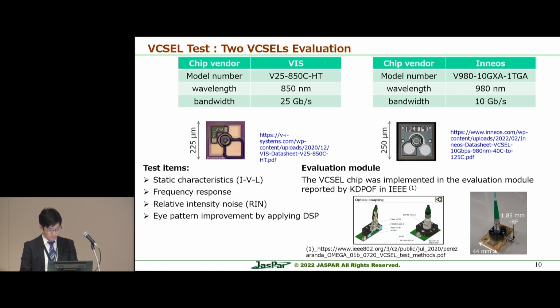As a result, we found that VCSELs with these specifications are available from VIS and ENEOS. So we have performed these 4 tests, and we will now show the results. The coupling between the VCSEL and the optical fiber follows the evaluation reported by KDPOF.